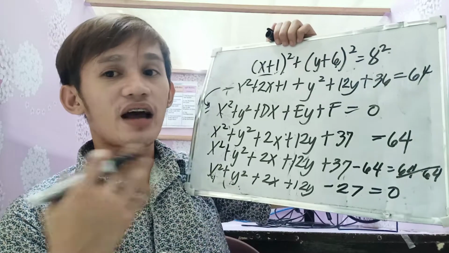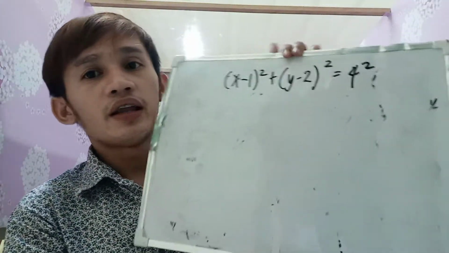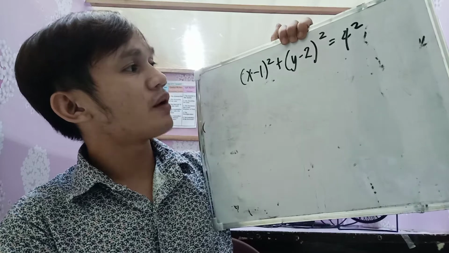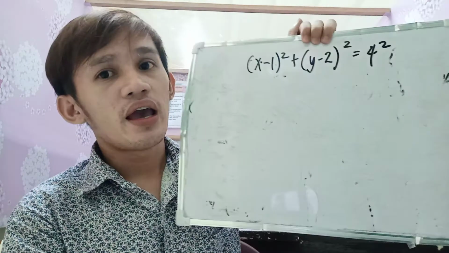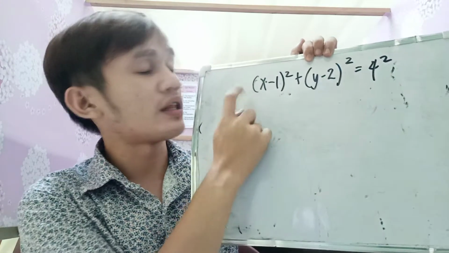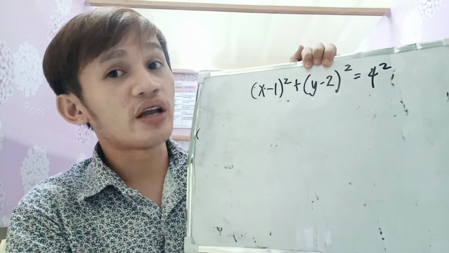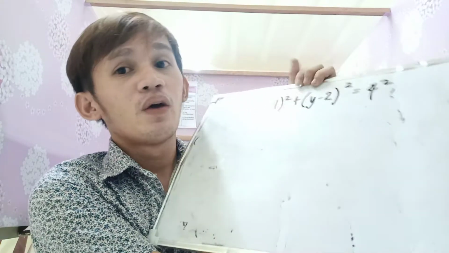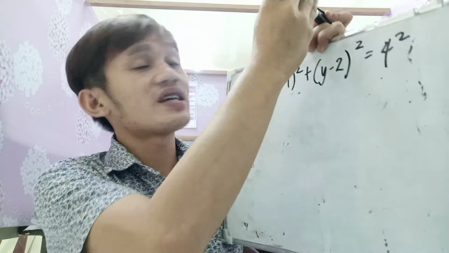So let us have another example. So for another example, we have here the quantity of x minus 1 square plus the quantity of y minus 2 square is equal to 4 square. And then you were asked to write this in general form. So we all know that it is written in a standard form and then transform this into general form by just expanding. We're just doing the same process as what we have done a while ago in the first example.